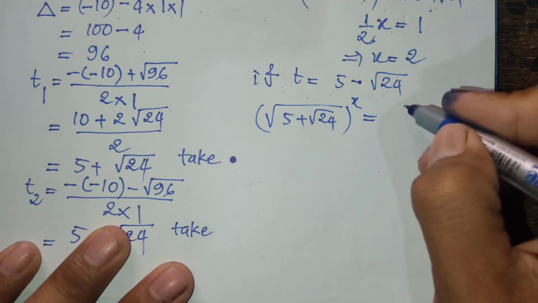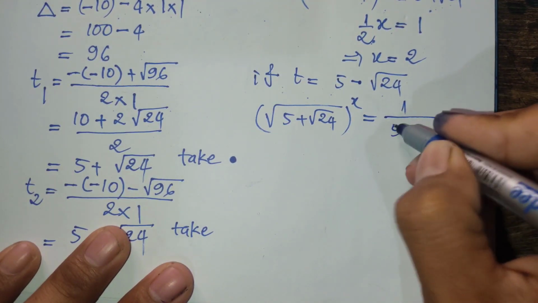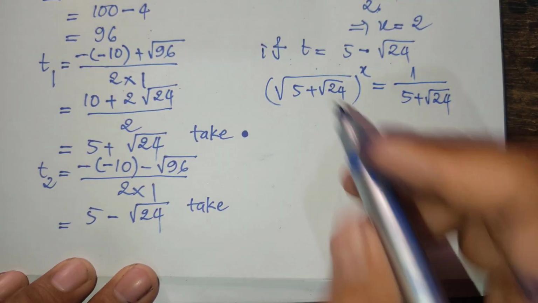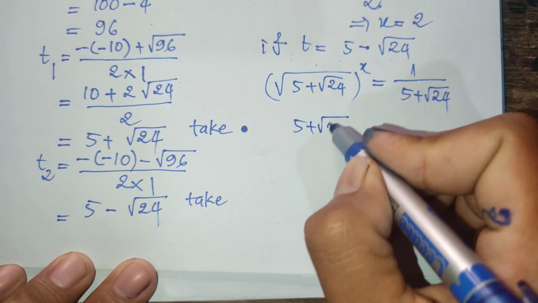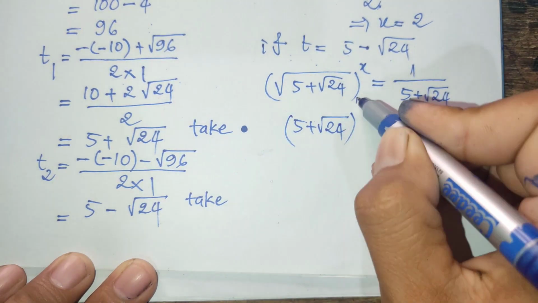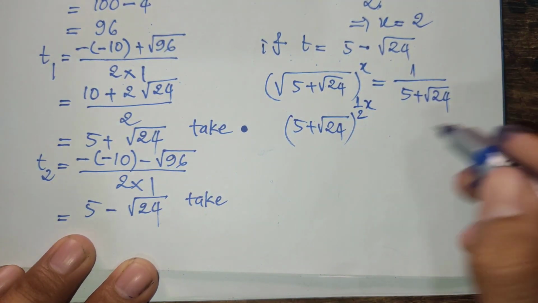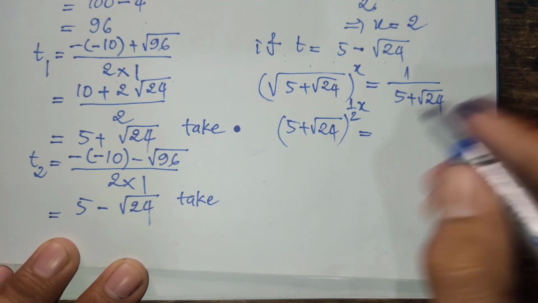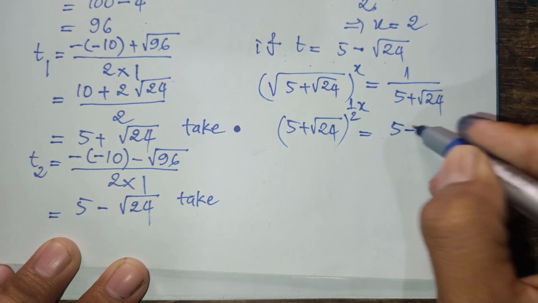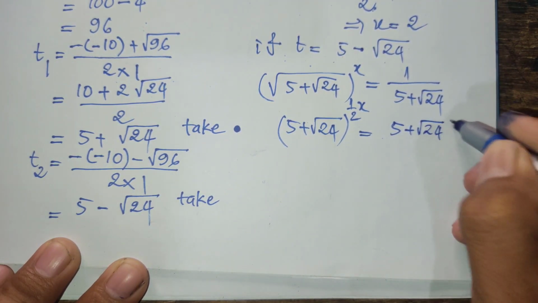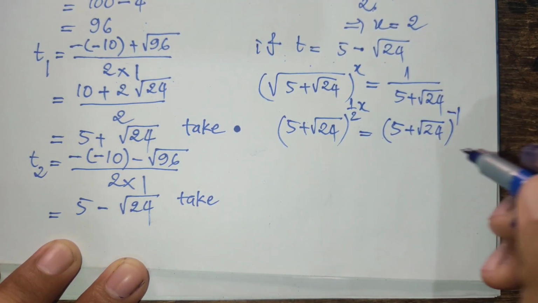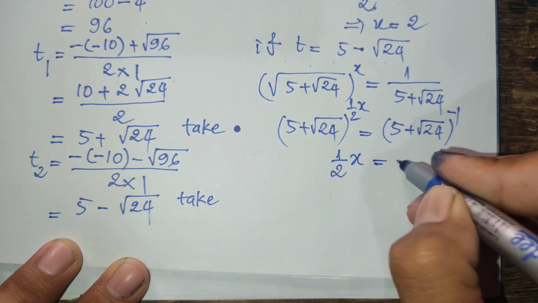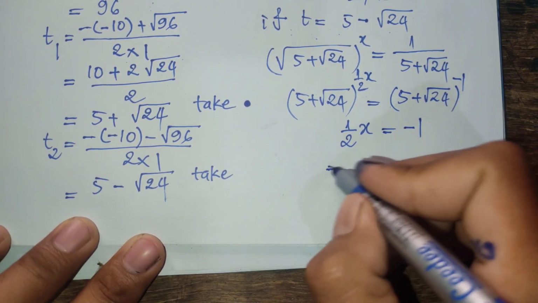So I replace it with 1 divided by 5 plus square root of 24. Okay. And now I get 5 plus square root of 24 to the power 1 divided by 2, and I move its denominator to the top, so it becomes 5 plus square root of 24 to the power minus 1. And so we get 1 divided by 2 multiplied by h is equal to minus 1, and then we get h is equal to minus 2.